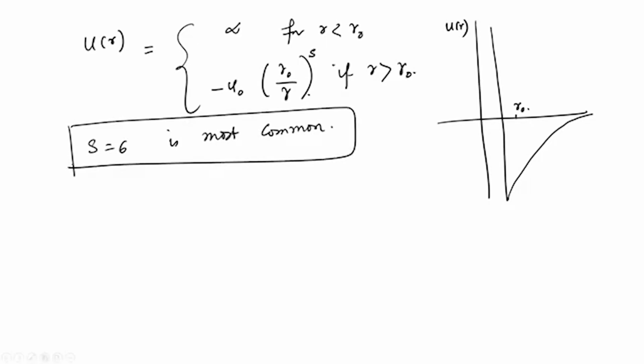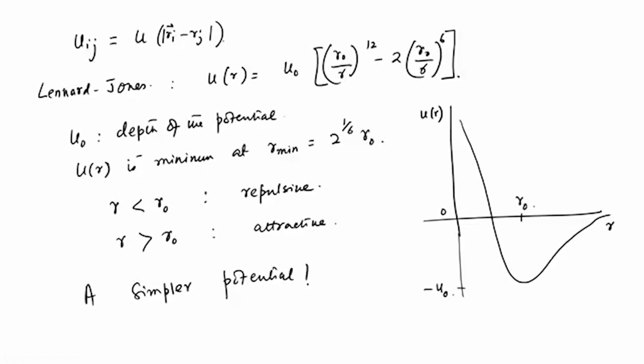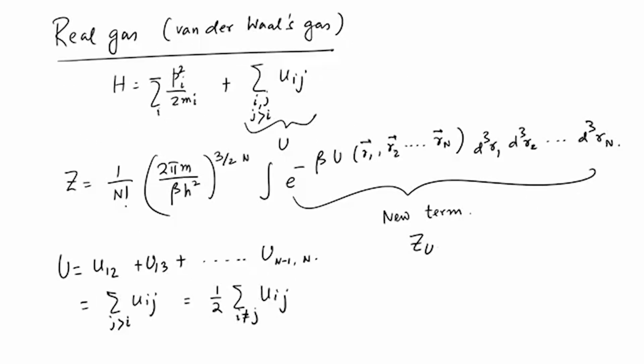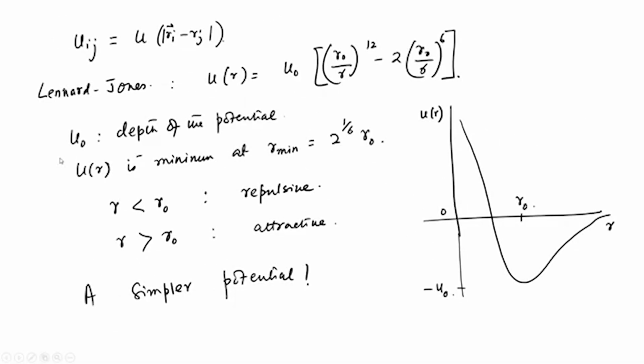So, let me just go back and reiterate what we have said. We start with a pairwise potential, that is the molecules of the gas are interacting via pairwise potential interaction, and we have to calculate the partition function. The partition function contains now a new term which is ZU, and it has to be computed, and for that one makes a model for U to have this form, which is a Lennard-Jones potential.